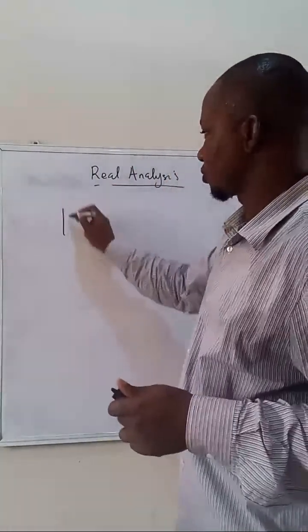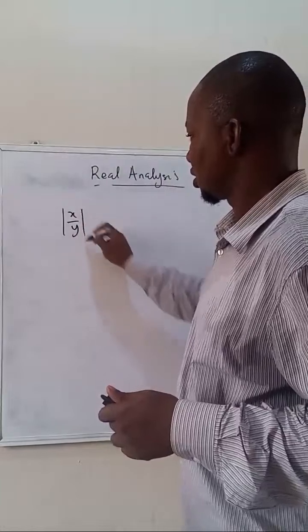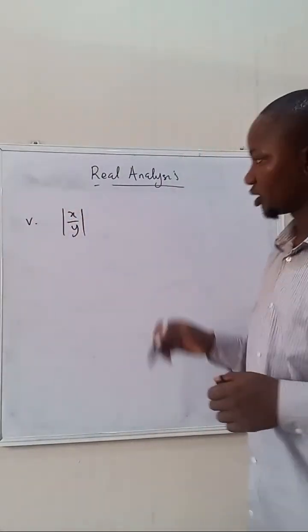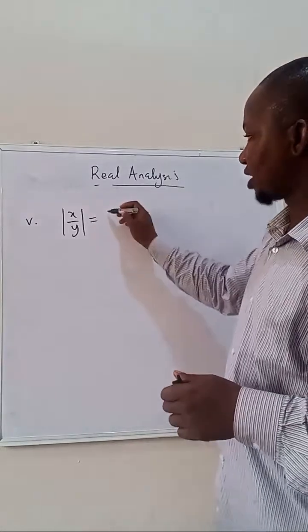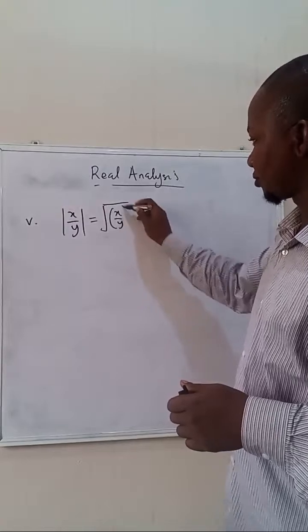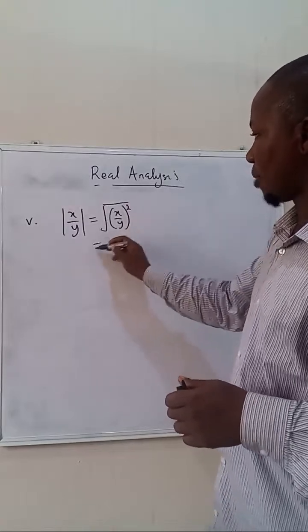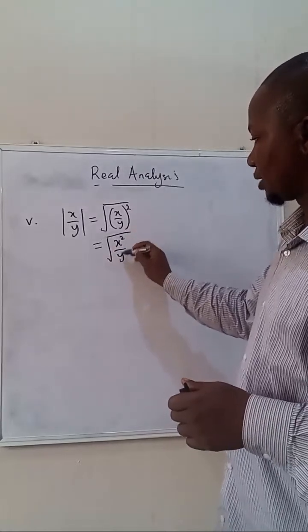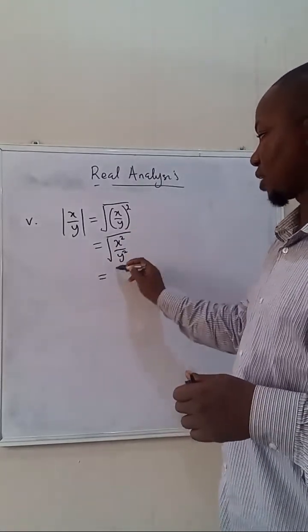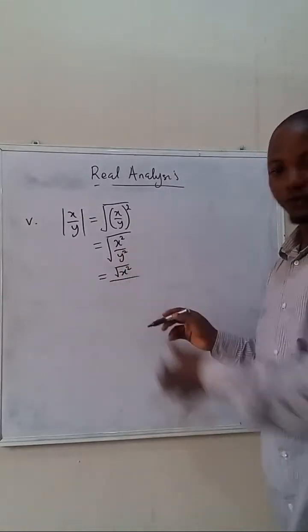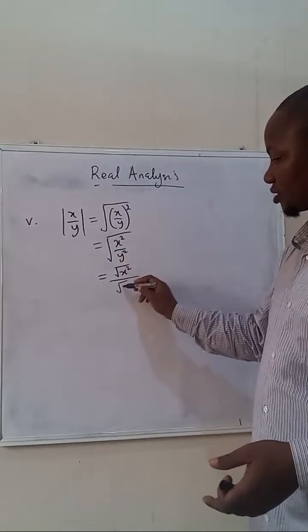So also, is this 5? By definition, this is the square root of x over y. By law of indices, one can say this is x squared and this is y squared, and we can split the square root on each of these.